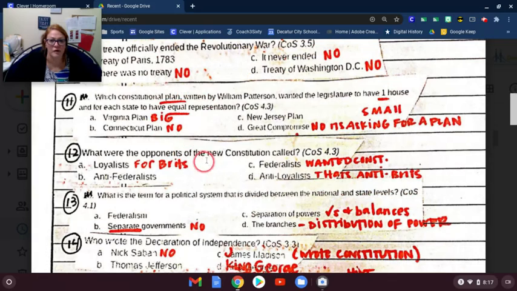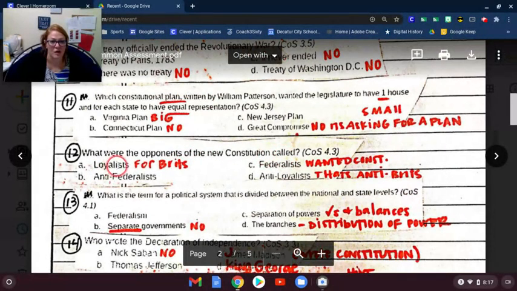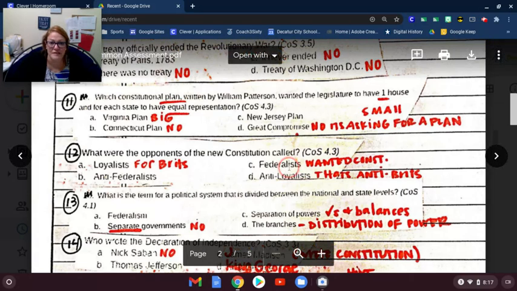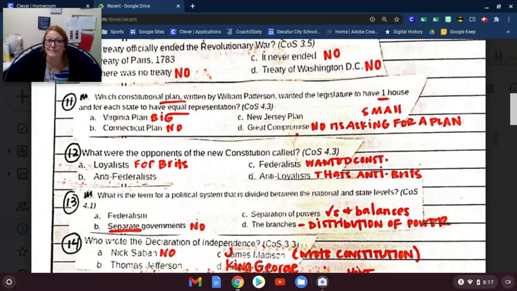What were the opponents of the new Constitution called? Loyalists for the Brits. Remember? Opponents of the Constitution. Why are we talking about loyalty to the British? Anti-Federalist. Against. I'm going to leave that one open. Federalist. Remember the Federalist Papers and their writing to convince people of the Constitution. Okay? Anti-loyalist.